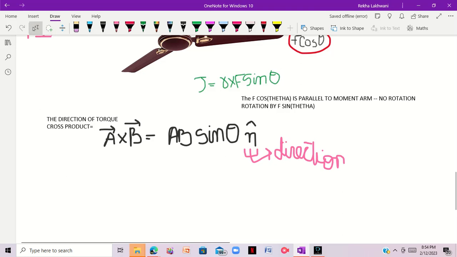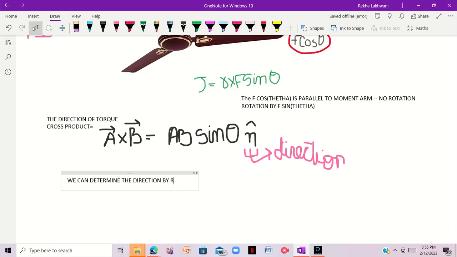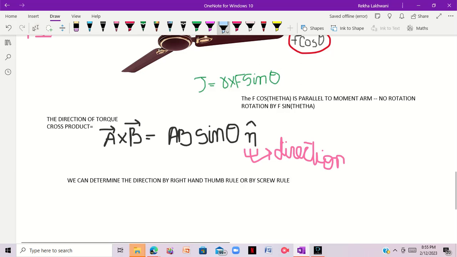We can determine the direction by the right hand thumb rule or by the screw rule, right? So we can determine the direction by the right hand rule or by the screw rule. Now let's look at what this is.